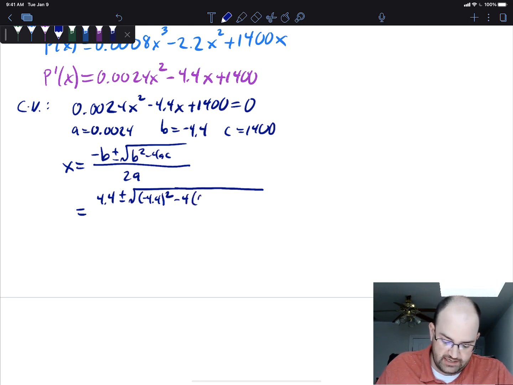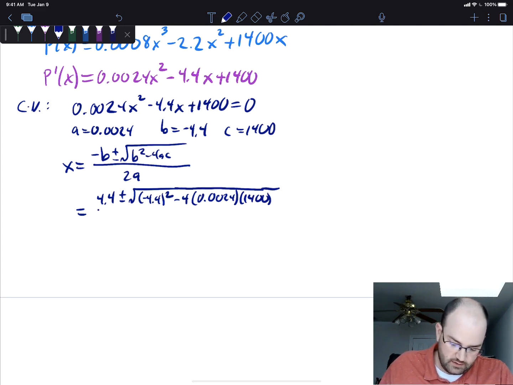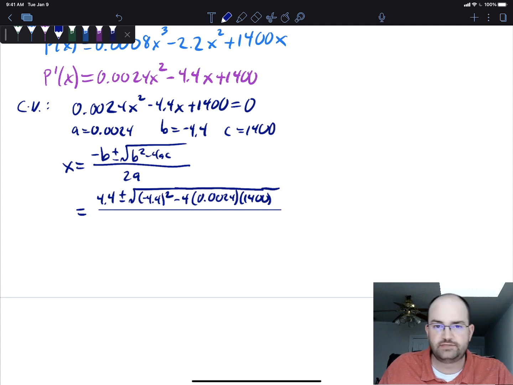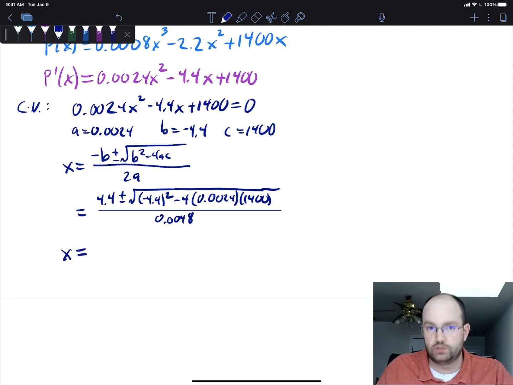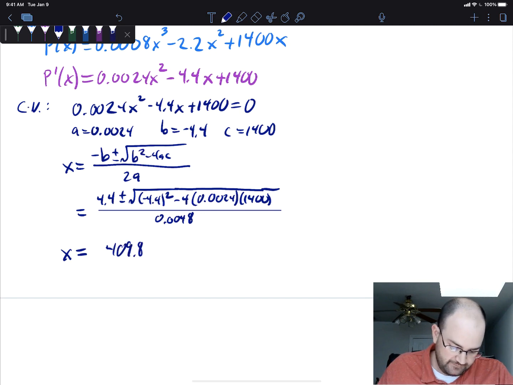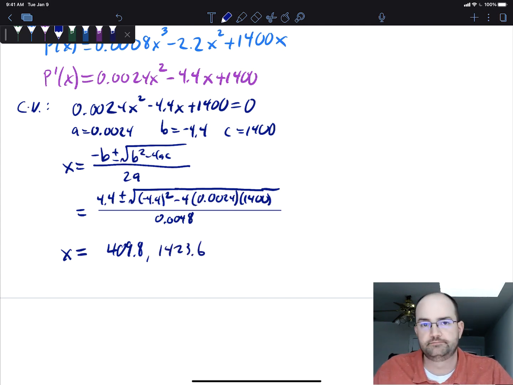Minus 4 times a, which is 0.0024, times c, which is 1400. And then all over 2 times a, and a is 0.0024, so this would be 0.0048. Now, if you type this into the calculator, and you should do this right now, but I've already done it, that gives us, rounded to the nearest decimal, 409.8 for the minus, and for the plus, it was 1423.6.